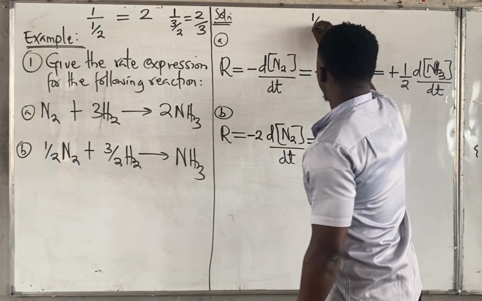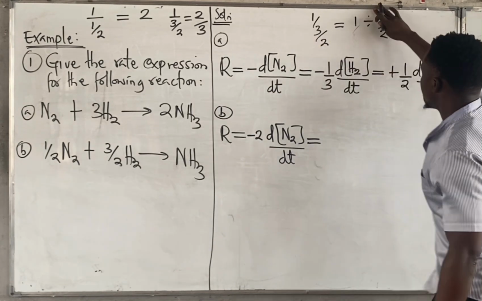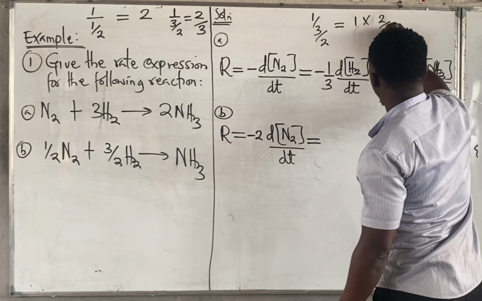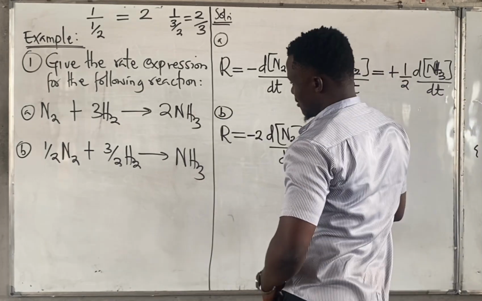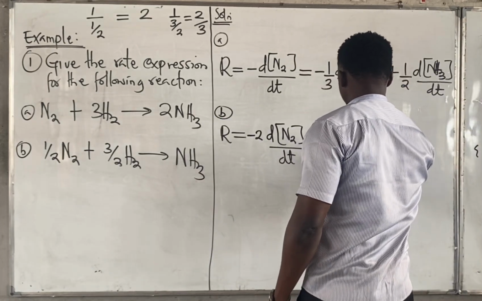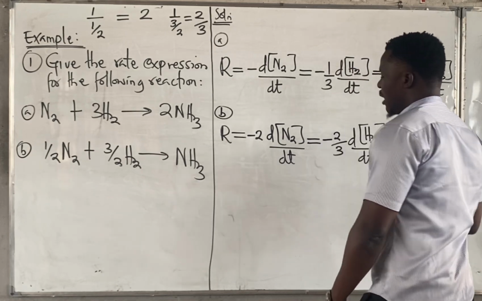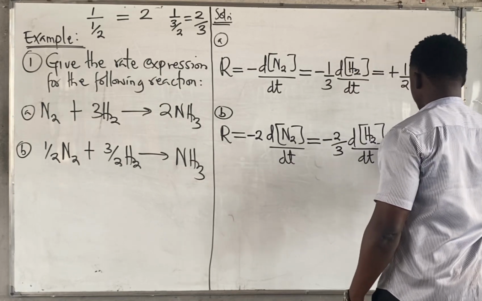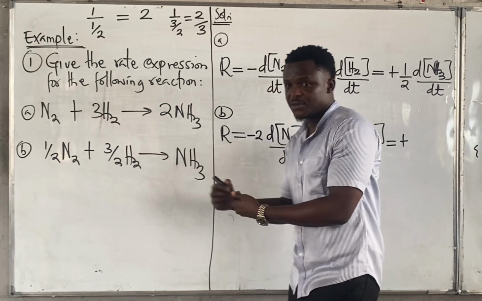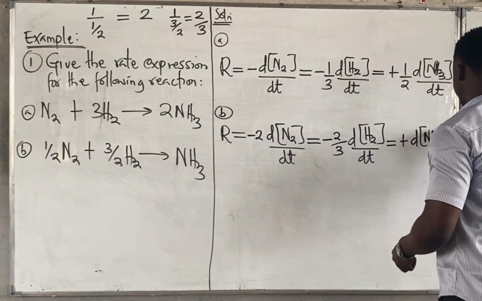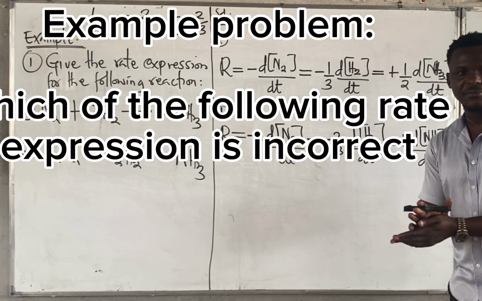And we know that 1 over 3 over 2 is the same as 1 divided by 3 over 2. If you compare this to multiplication, it becomes 2 over 3. Alright, so 1 over 3 over 2 is 2 over 3. So this is minus 2 over 3. Now this plus, because it's on the product side. Since there is no coefficient here, you will not see one, because 1 over 1 is 1. Just leave it as change. So that is the answer to that.